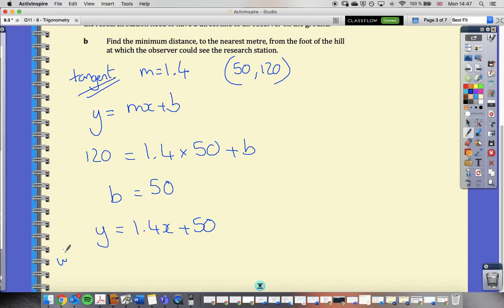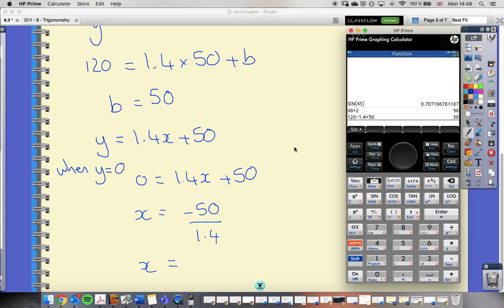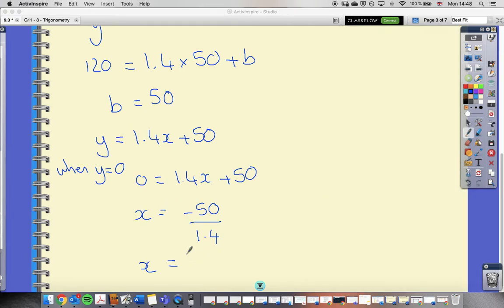So when y equals 0, to find x, I'm going to do negative 50 divided by 1.4, which might not be a very clean decimal, but that's what we need. 35.7 we'll write down for now.